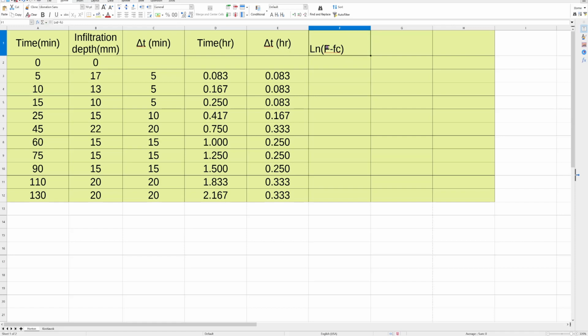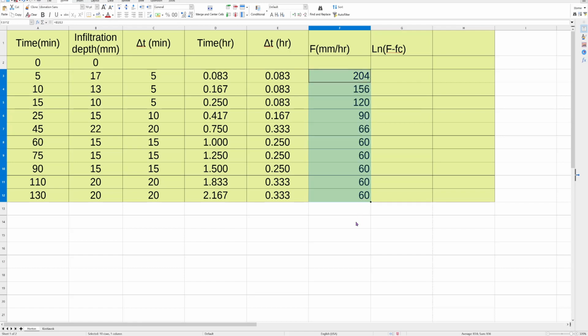And for that we also need the value of f, that is the infiltration rate per hour. The infiltration rate is given by the infiltration depth divided by delta t in hours. So we have it here. Let me just drag this down. Okay, so we have the infiltration rate now.